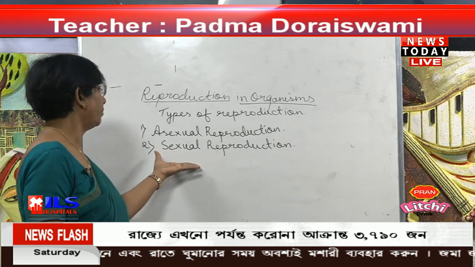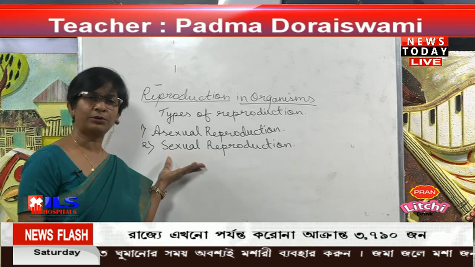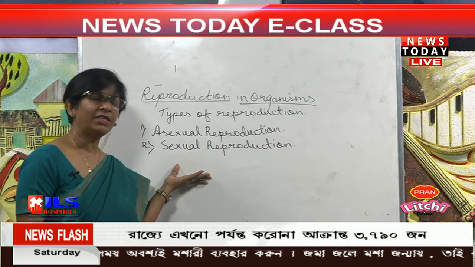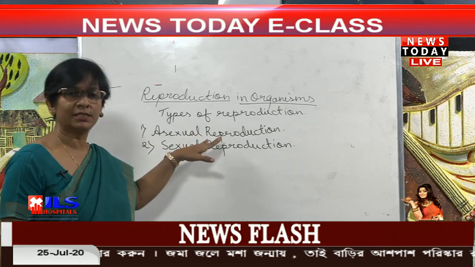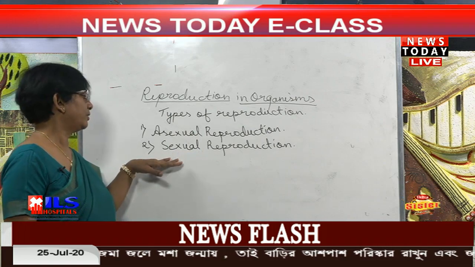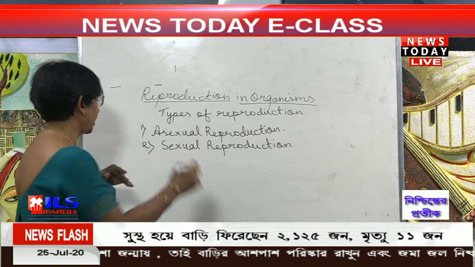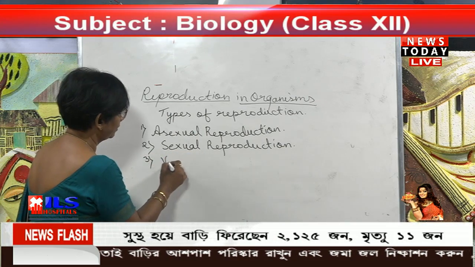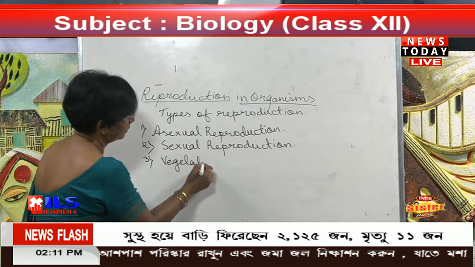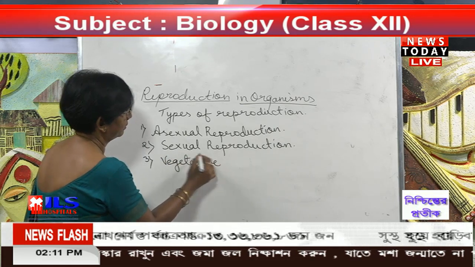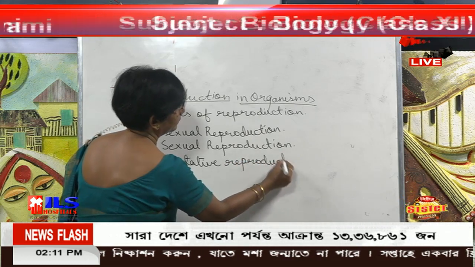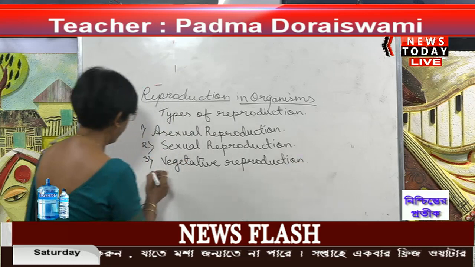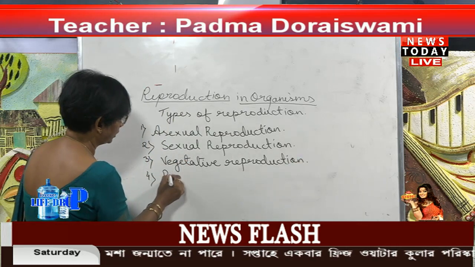These two are the main ones, but if we take living beings, there are four types of reproduction: asexual reproduction, sexual reproduction, third the vegetative reproduction, and fourth the parthenogenesis.